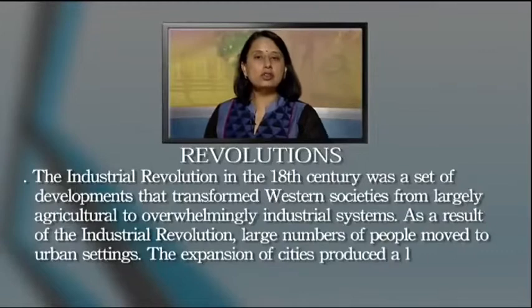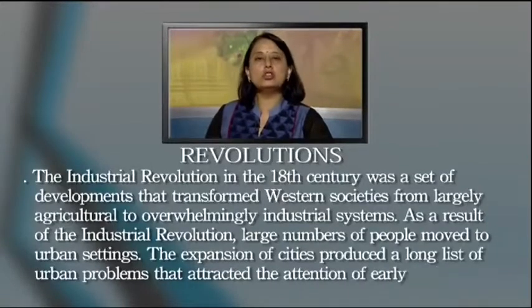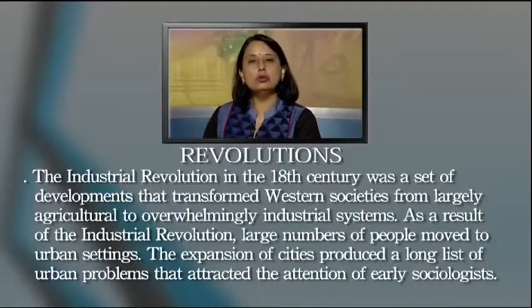So, the Industrial Revolution in the 18th century was actually a set of developments that transformed Western societies from agricultural to industrial systems. As a result, a large number of people moved from agriculture to working in the factories. That means you had a large scale migration of people from the rural to the urban areas.